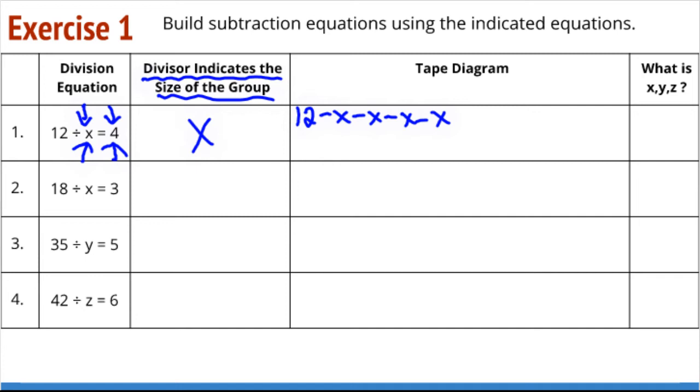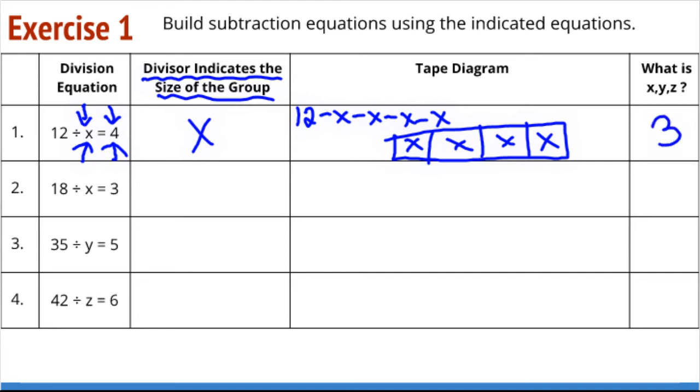So our tape diagram shows us that we should have 4 x's because we're going to subtract it 4 times. And if I take 12 and I subtract x out 4 times, I'm going to find out that x is 3. 12 divided by 3 gives me 4. So go ahead and pause and complete 2, 3, and 4, thinking your way through them.